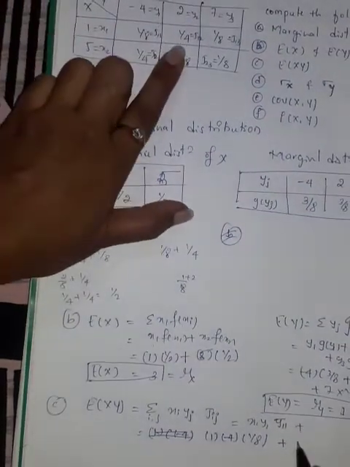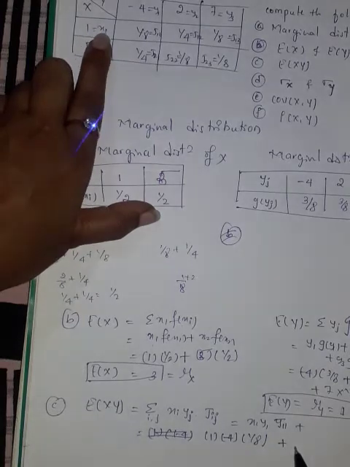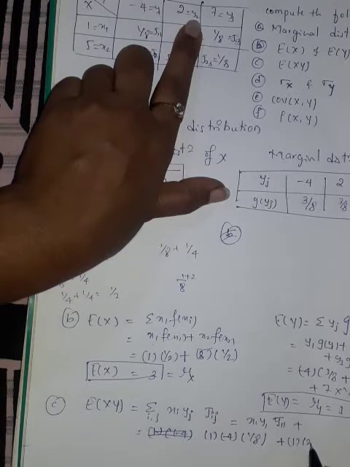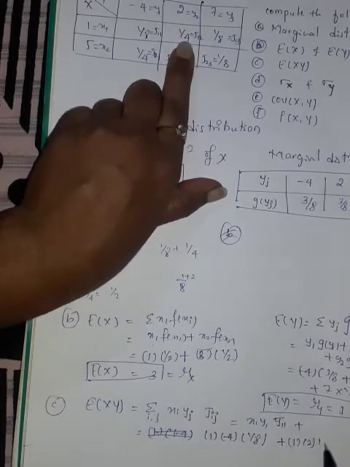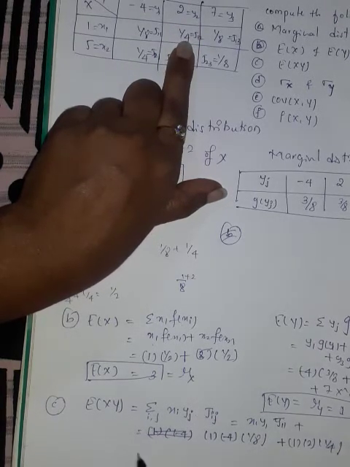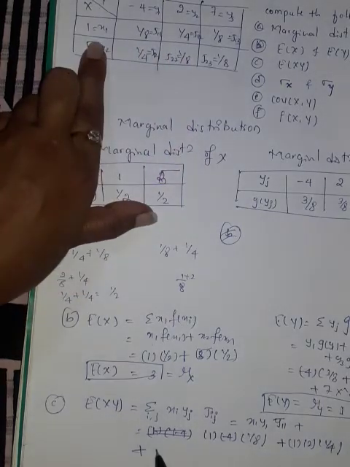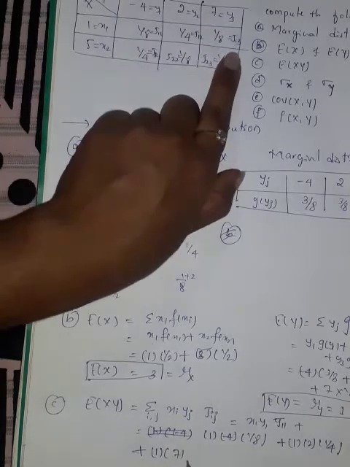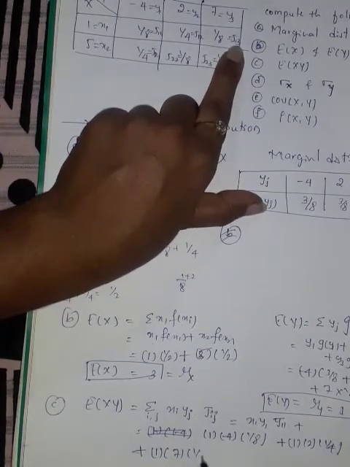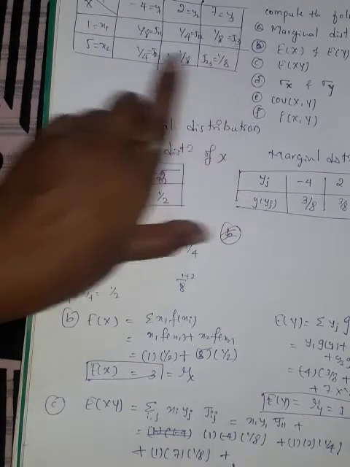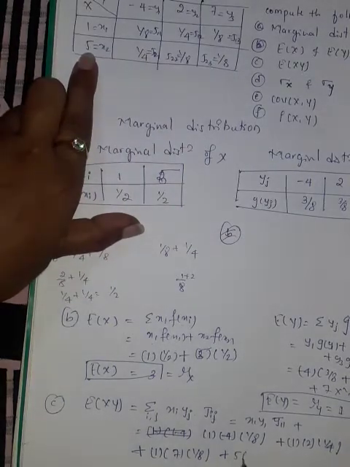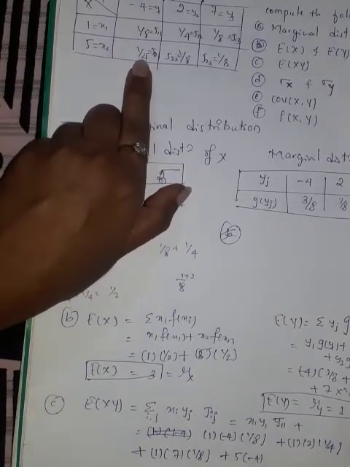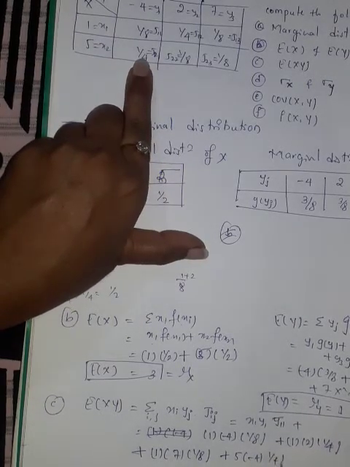plus when it is x1 into y2, 1 into 2, j12 is 1 by 4, plus when x is 1, y3 is 7, j13 is 1 by 8. Next, plus when x2 is 5, y1 is minus 4, then j21 is 1 by 4.